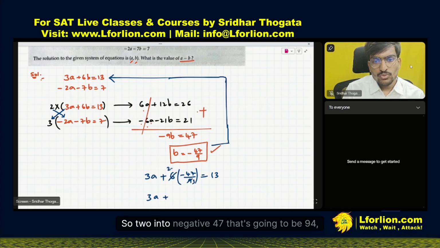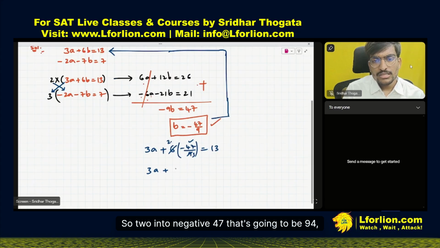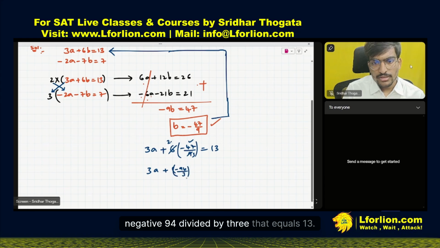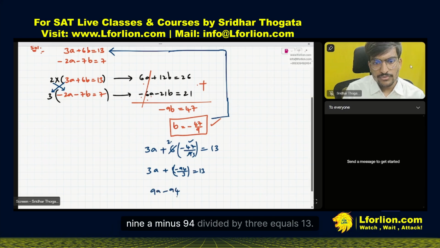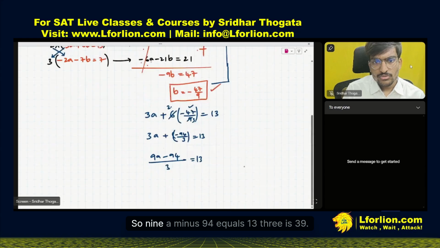So 2 into negative 47 is negative 94, divided by 3, equals 13. Then doing all this calculation, we get 9a minus 94 divided by 3 equals 13. So 9a minus 94 equals 13 times 3, which is 39.